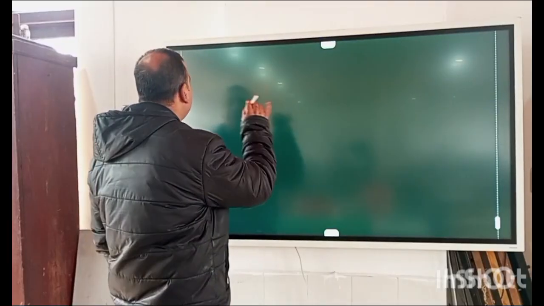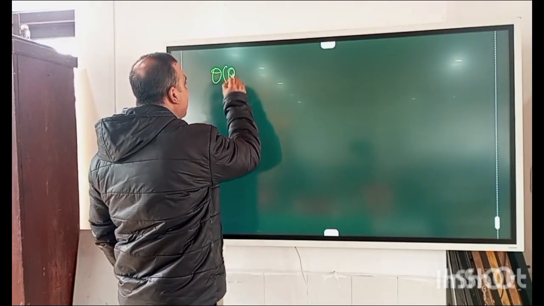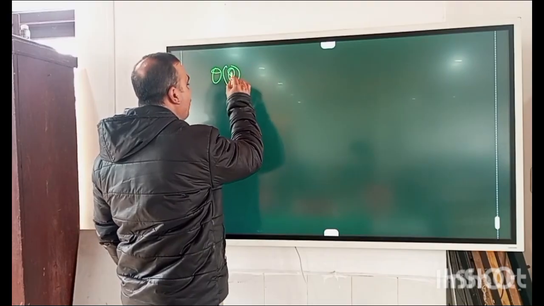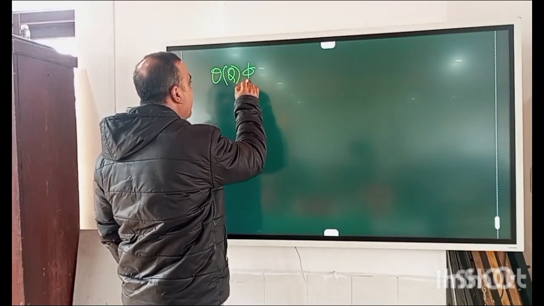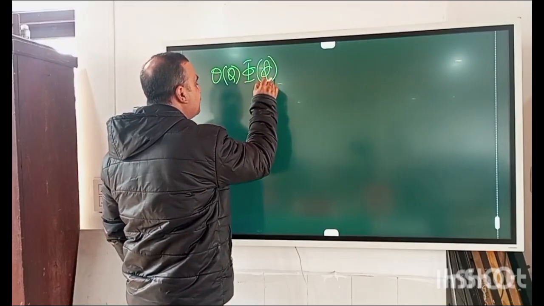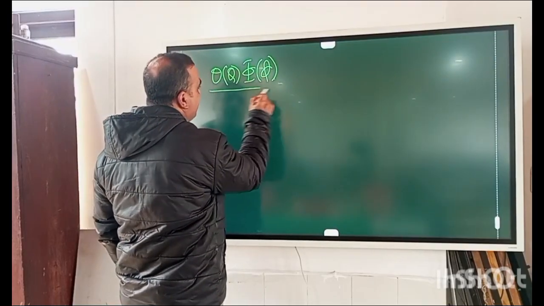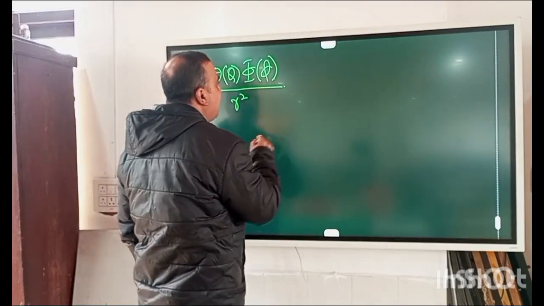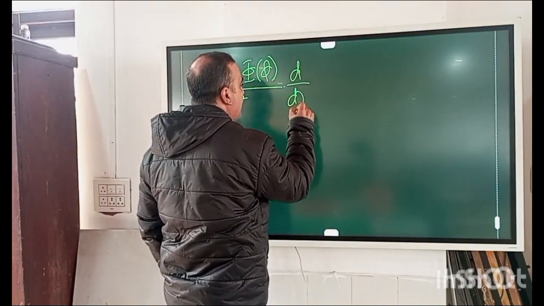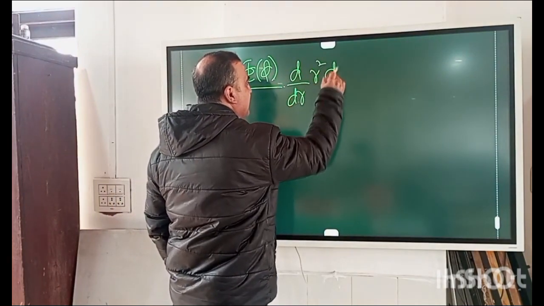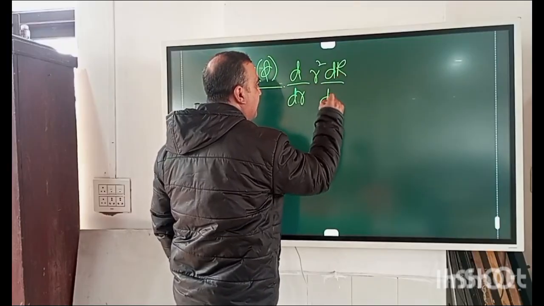For the r part, you have Theta of theta out, Phi of phi out, and in the denominator you have r squared. Then you will have d by dr of r squared dR by dr.